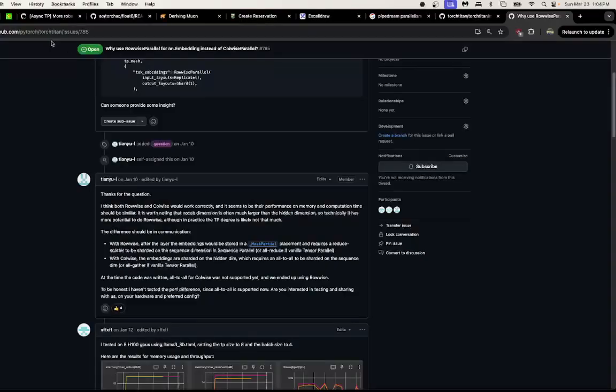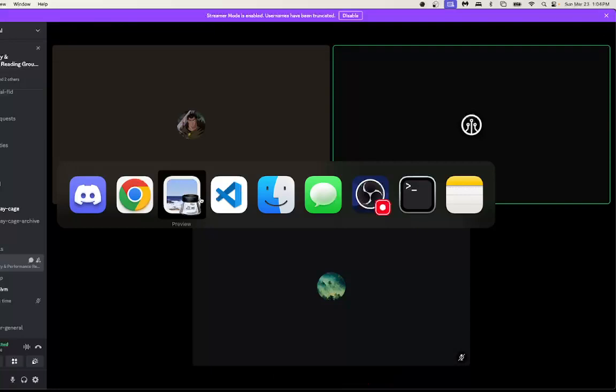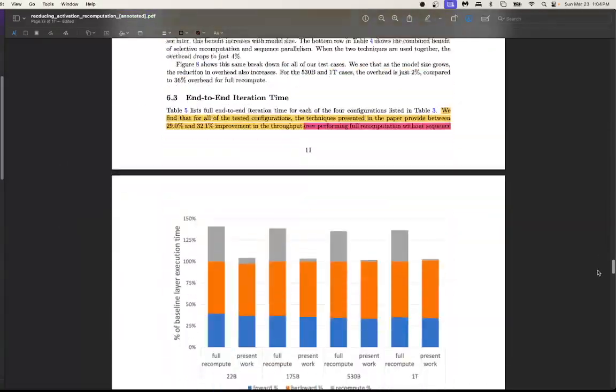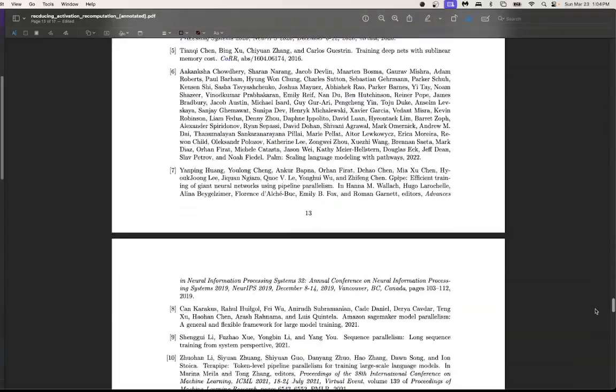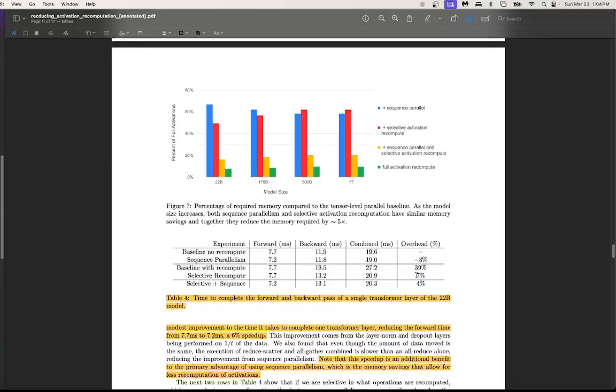For the paper we looked at today, it has a slightly 4% computational overhead compared to the baseline of storing everything, but it has a much lower overhead, shorter runtime, compared to doing full AC, which is full activation recomputation in the backward pass. So it's faster, basically.